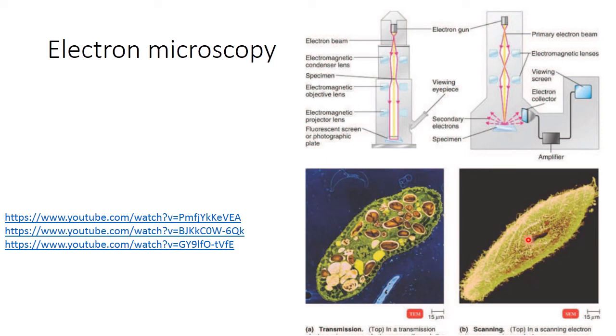The image obtained through scanning electron microscope generally provides information for a thicker section, hence produces a three-dimensional image and provides information about the surface of the specimen.